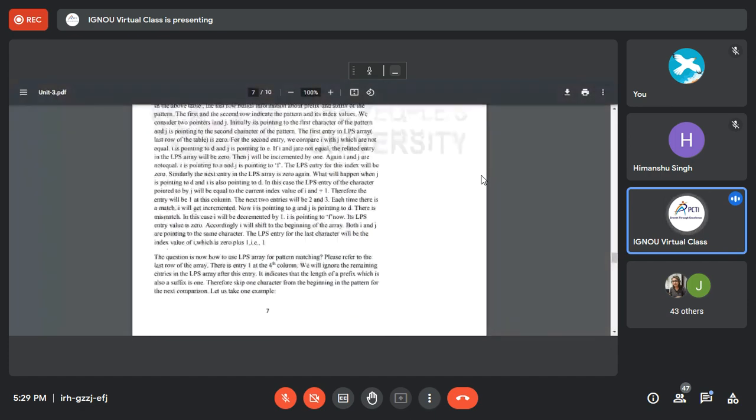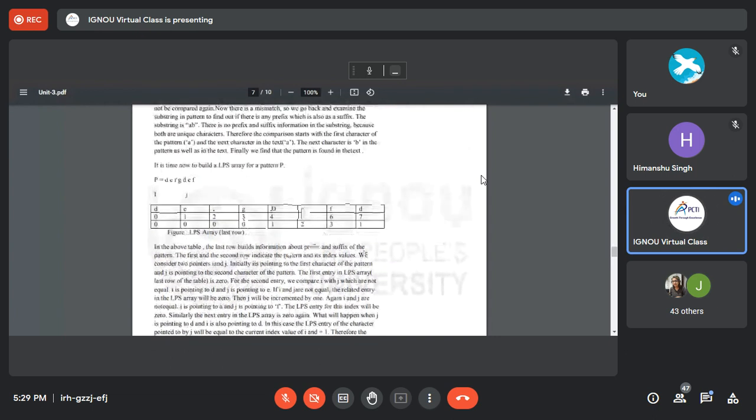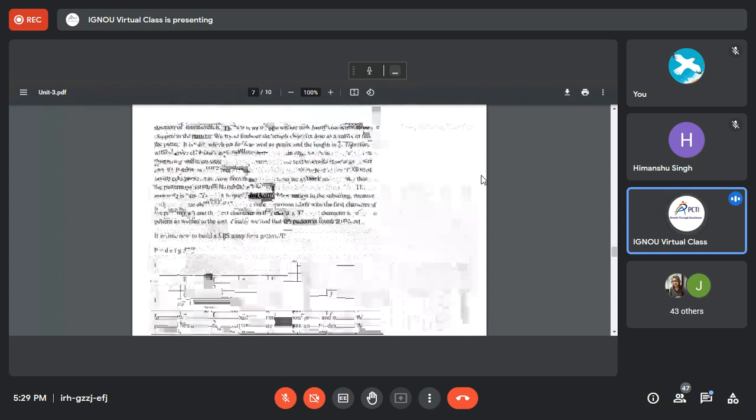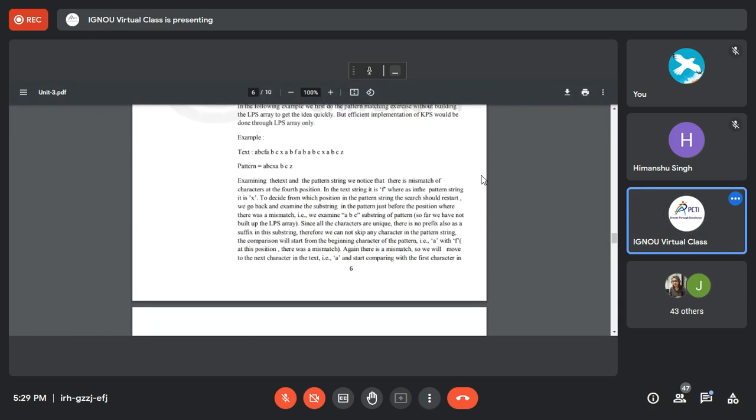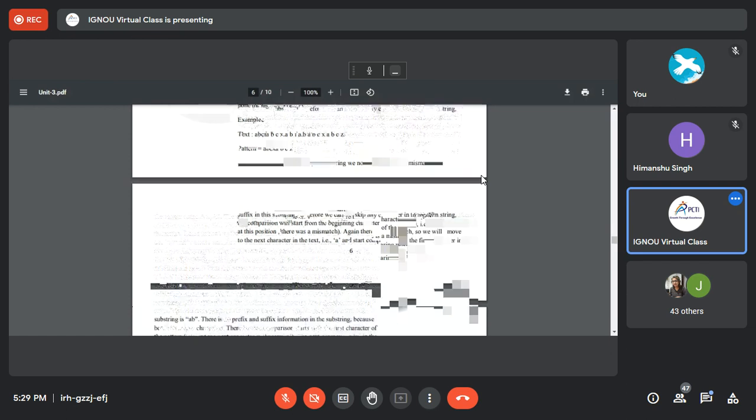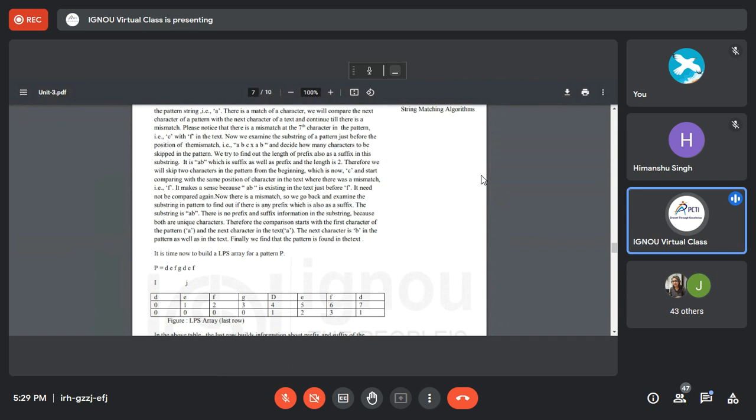So here is the LPS array. For example, we have a string like B, E, F, G, then D, E, F, and so on.